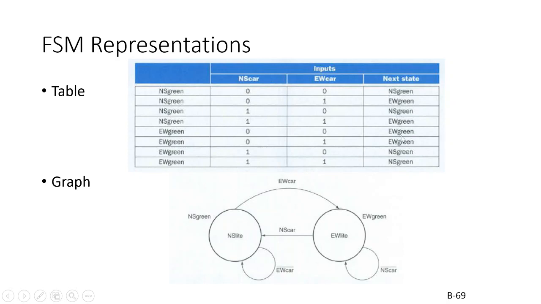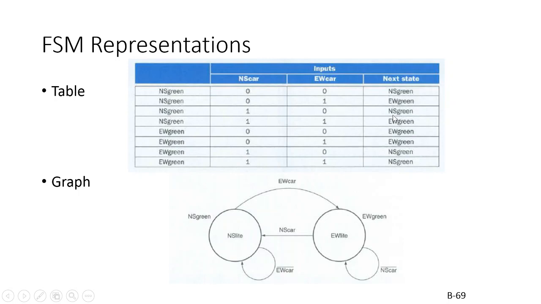So here's the truth table version of it. The book uses, this is kind of confusing, but the book uses an example of a stoplight, right? So you have a green light for north-south, and a green light for east-west direction, and then you have a detector if there's a car on the north-south detector or east-west detector, and they create a truth table out of that.